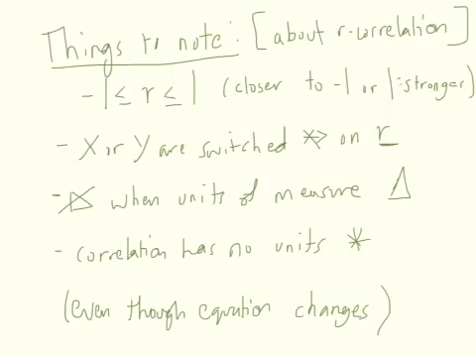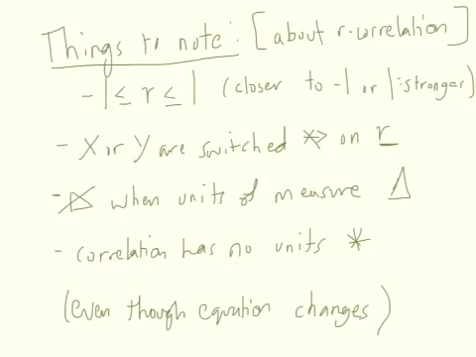Something else to note is that r is not dependent on which variable is x and which is y. So if you switched mile time and ice creams eaten between y and x, the r value would not change, meaning that r doesn't make a distinction between the explanatory and response variable.